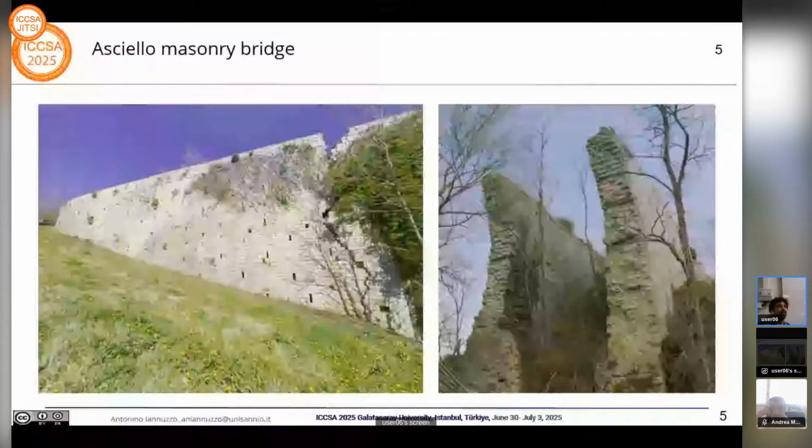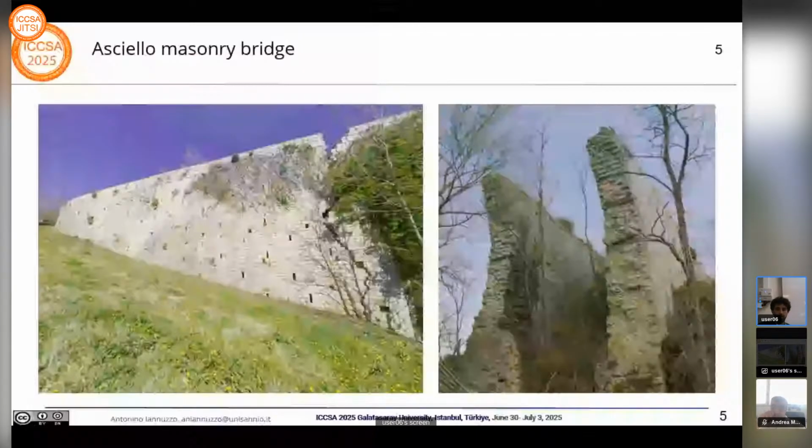It was built the first time, and there was an explosion during the Second World War caused by the retreat of the Nazi army. It was rebuilt after that, and then it collapsed, the last time during the 60s of the previous century. This is the only information we knew. We were not able to find any other documentation on the bridge.